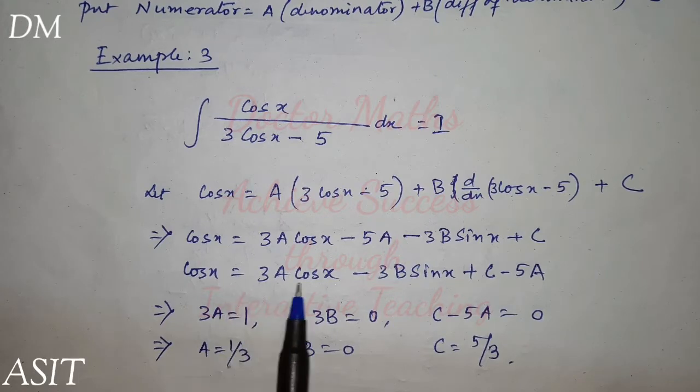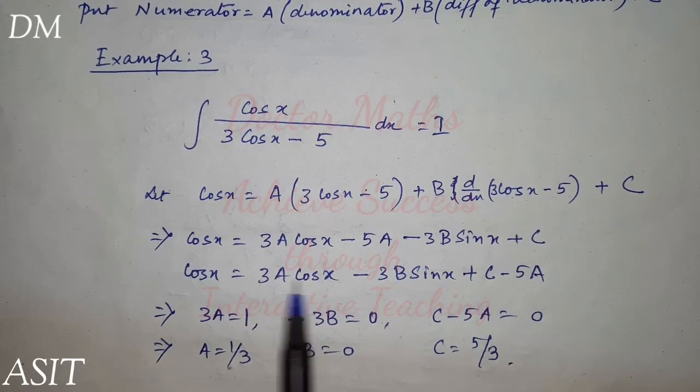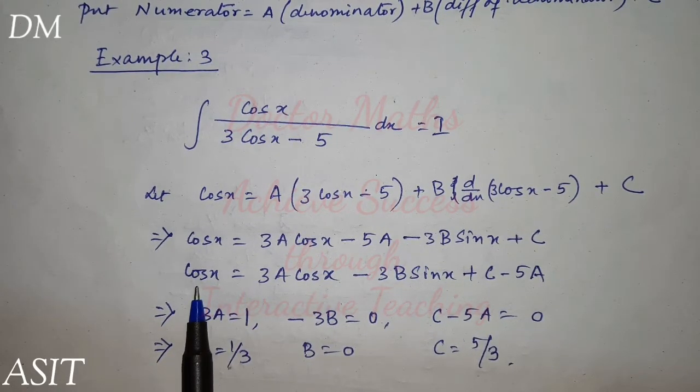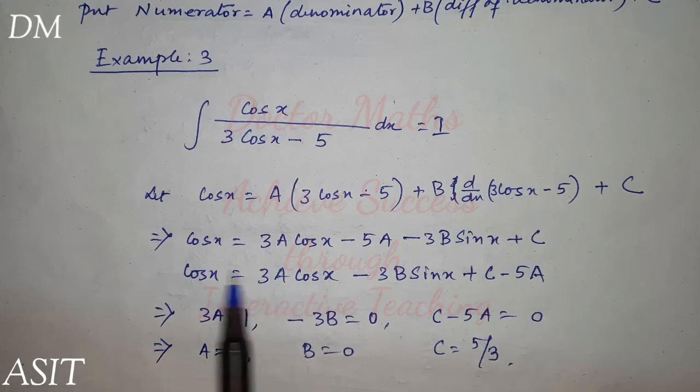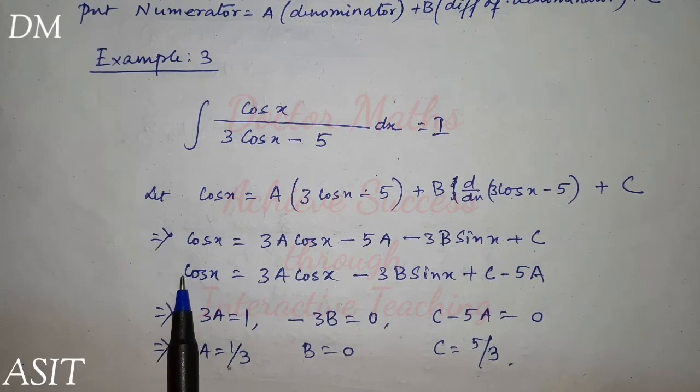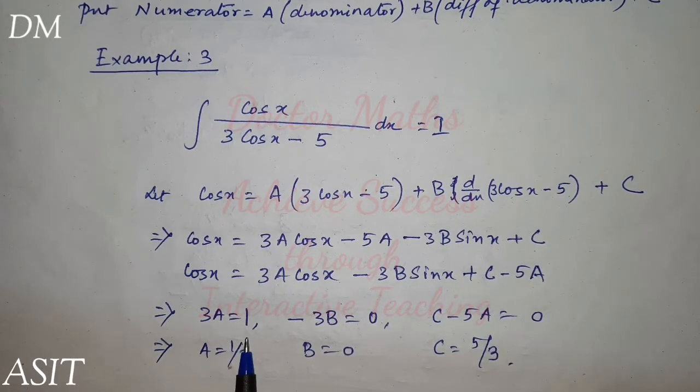Now if we compare the terms, in the LHS there is only one term of cos x. So 3a should be equal to the coefficient in the LHS, which is 1, so 3a equals 1.